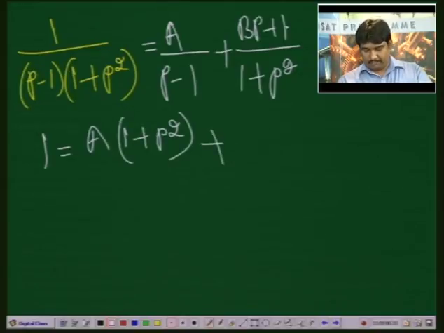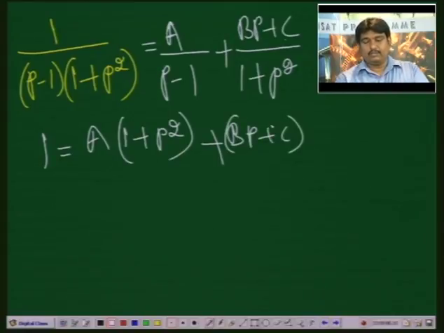It's not Bp plus 1, it's one more constant, Bp plus C. We have to find 3 constants here, A, B and C. So when you take LCM and simplify, you will get 1 as A into 1 plus p square plus Bp plus C into p minus 1.